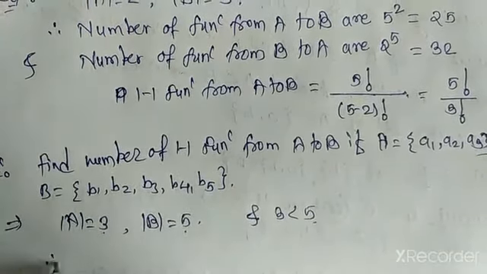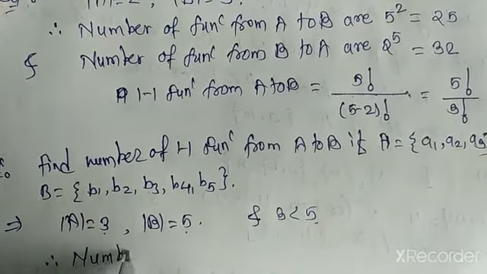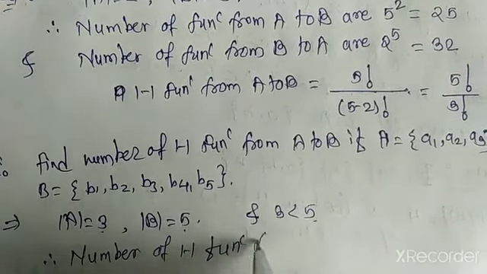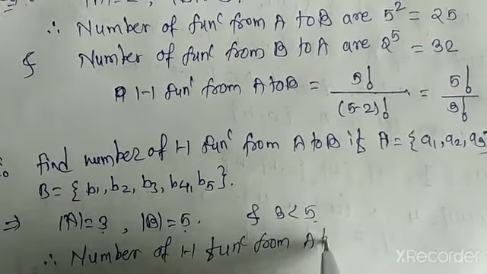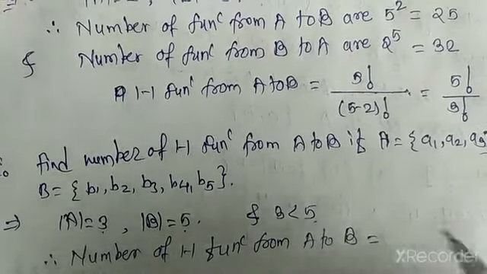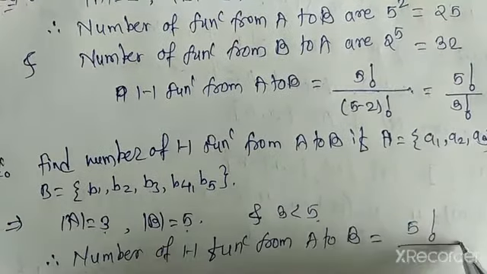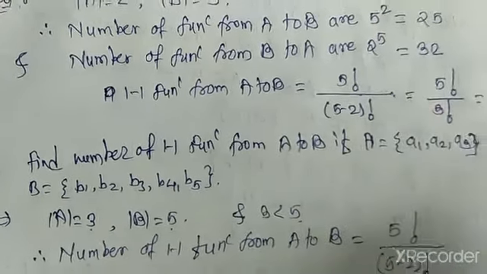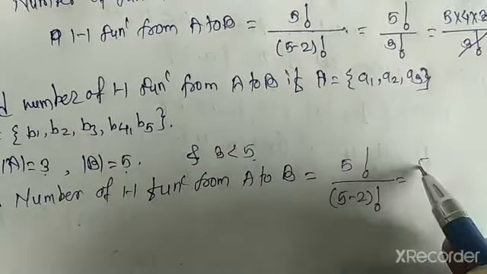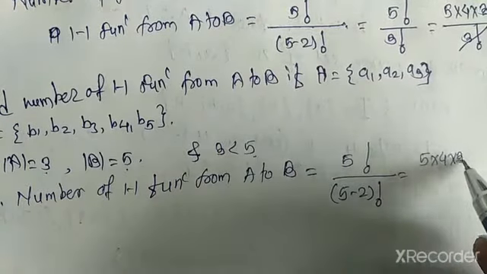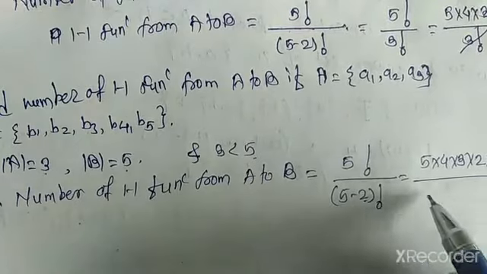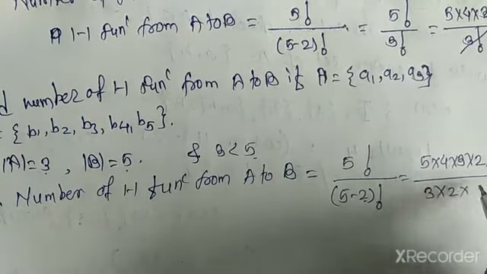So the number of one-one functions from A to B is equal to 5 factorial upon 5 minus 3 factorial, which is 5 into 4 into 3 into 2 into 1 upon 2 into 1.